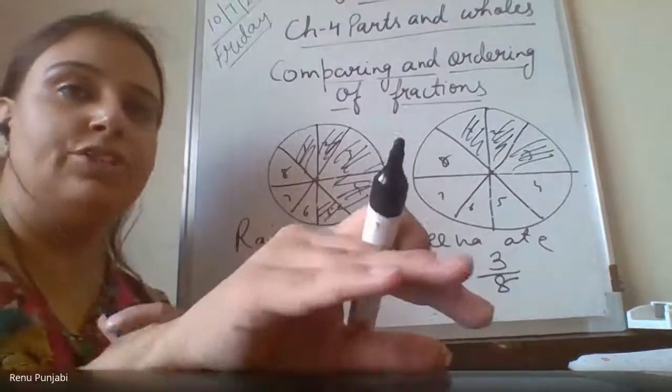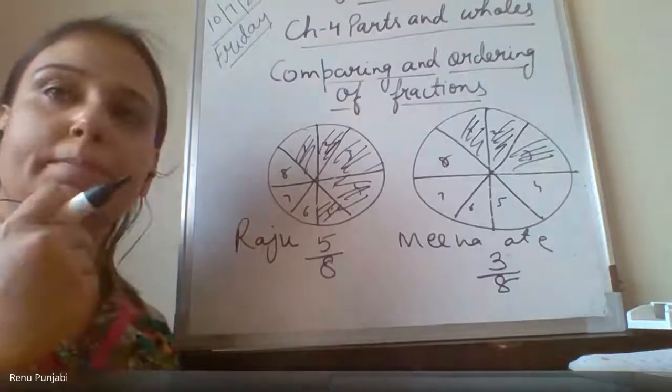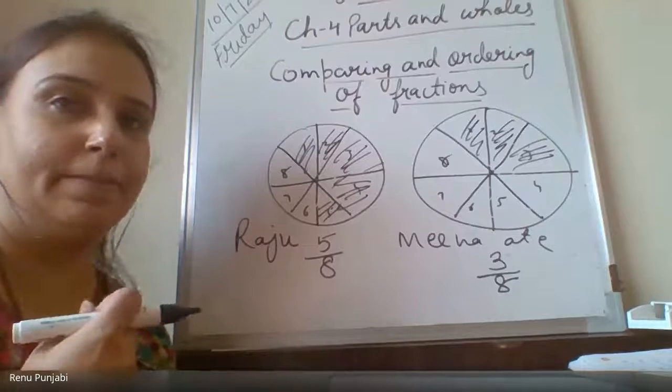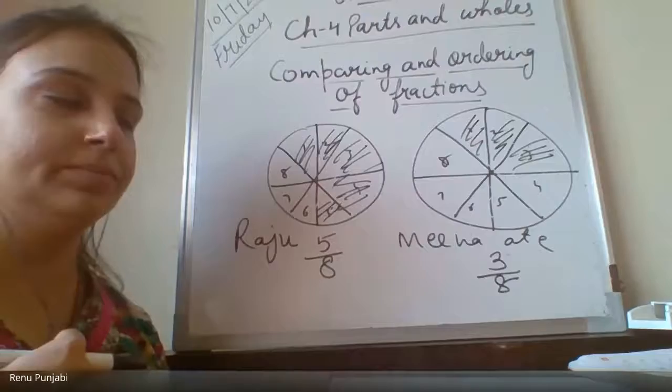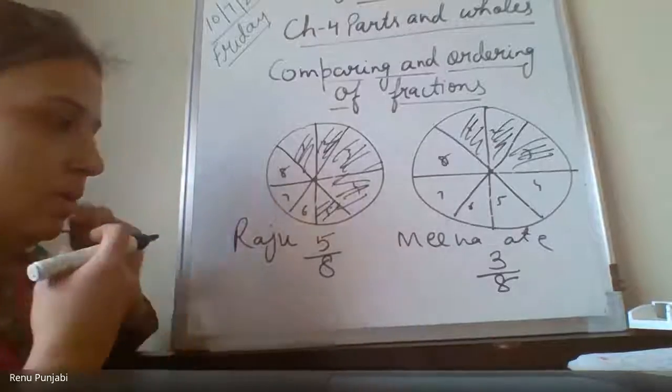Now Ruparelia will tell me who ate the bigger part. Which fraction is greater? 5/8.